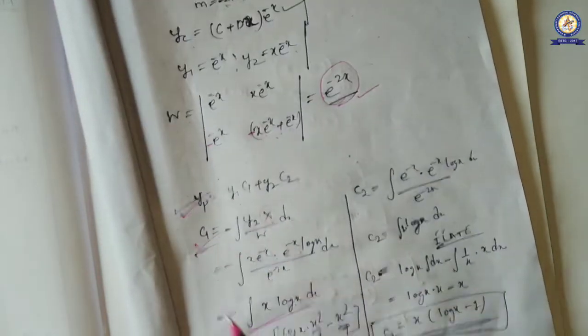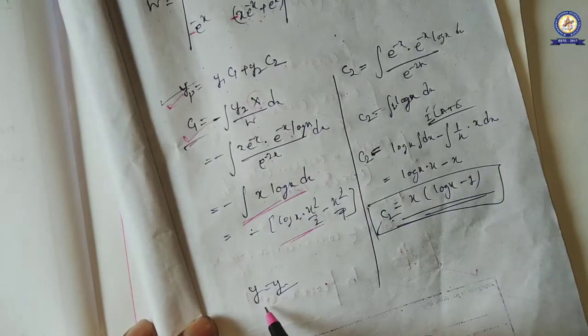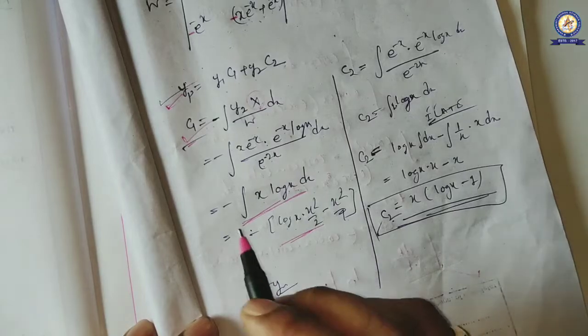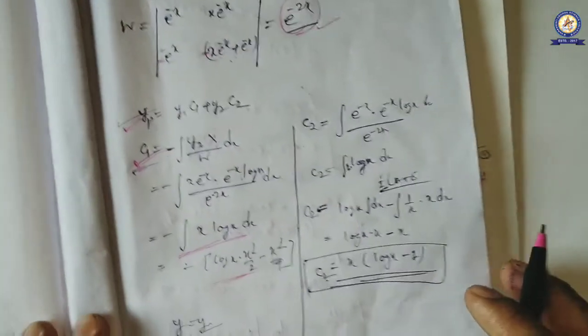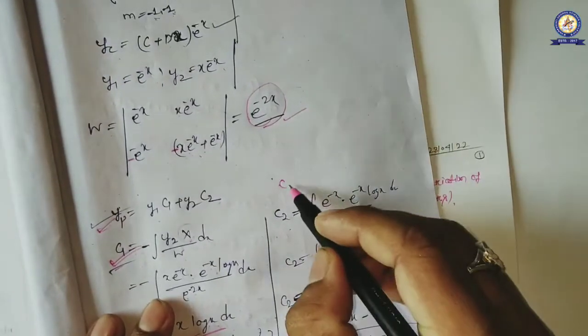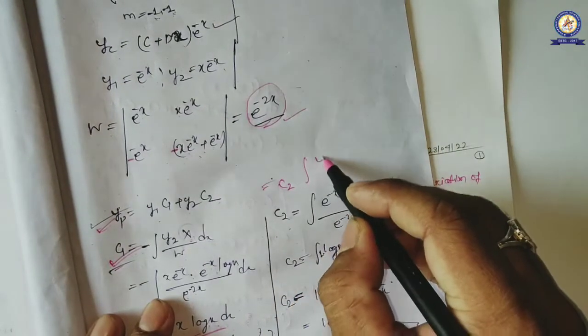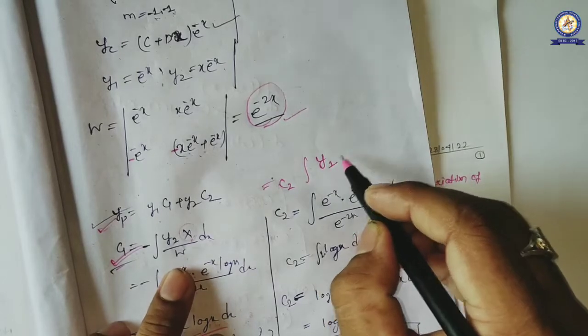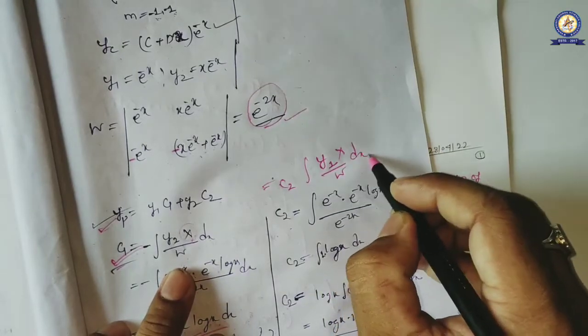Okay, c1 we found. Now we have to find c2. We know that c2 is the integration of y1 times the source function by W dx.